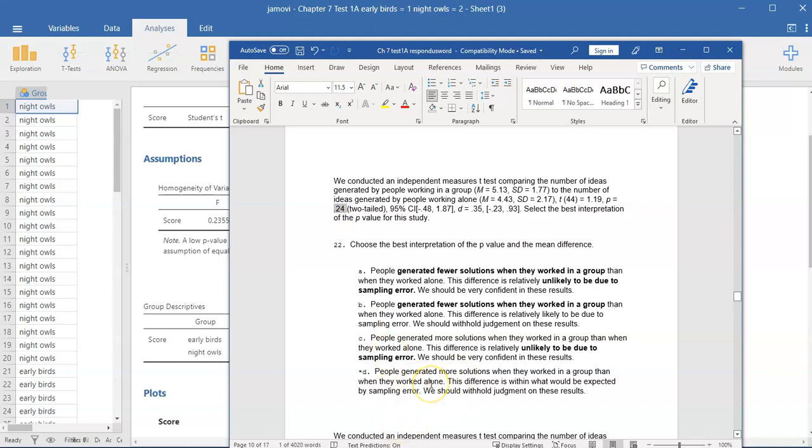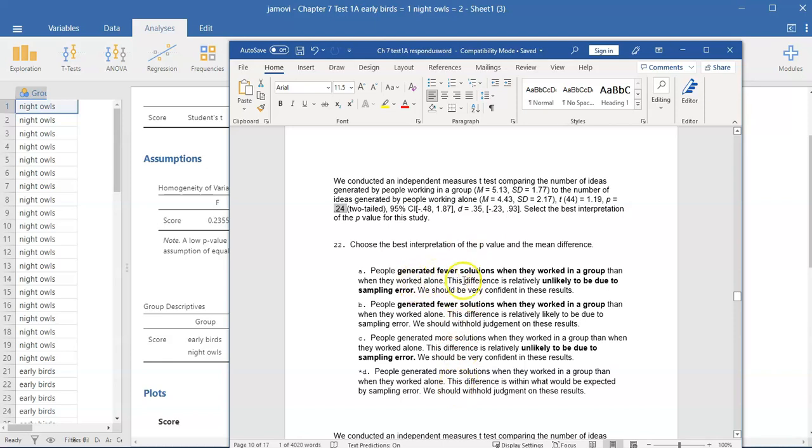So again, it's correct that the people working in a group generated more solutions, a mean of 5.13 versus 4.43. So clearly that's bigger, but that difference is considered likely due to sampling error because the p is so large. Now I've highlighted again what's wrong with the other options.